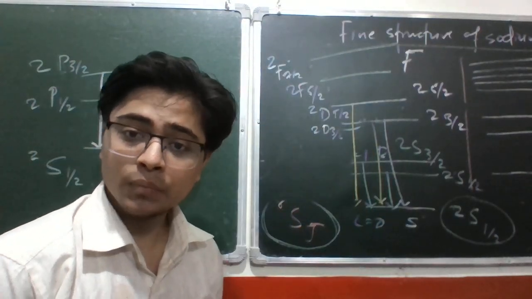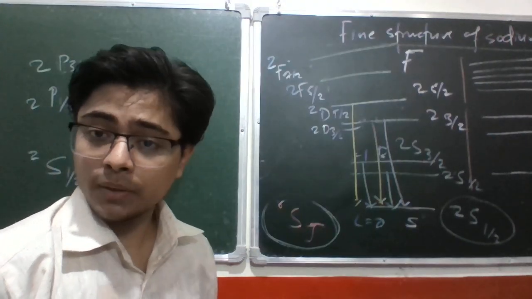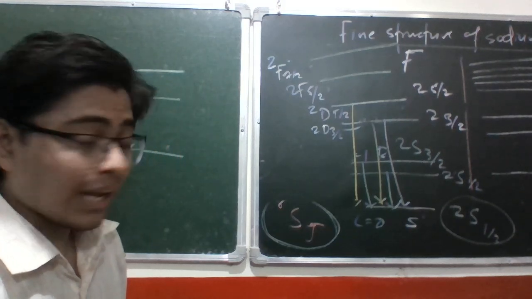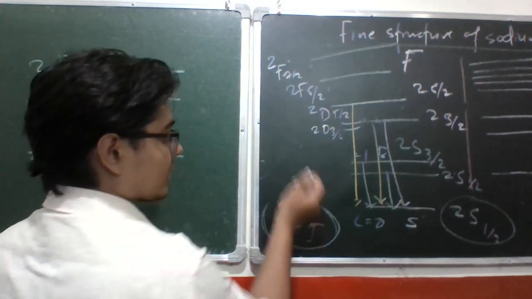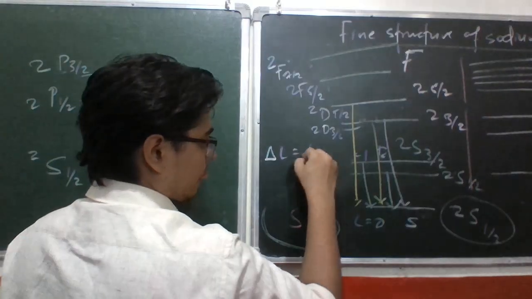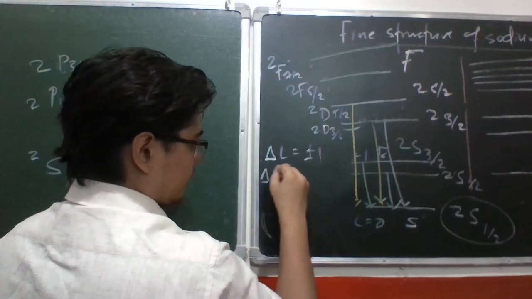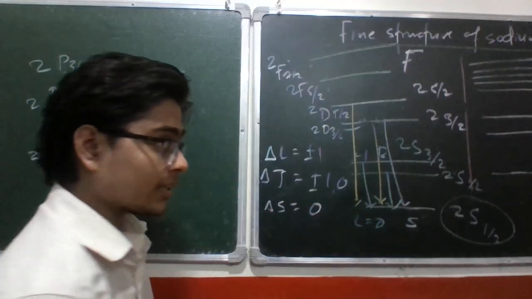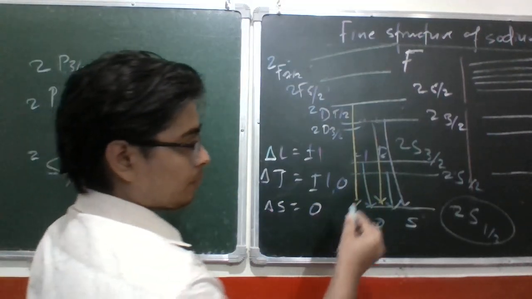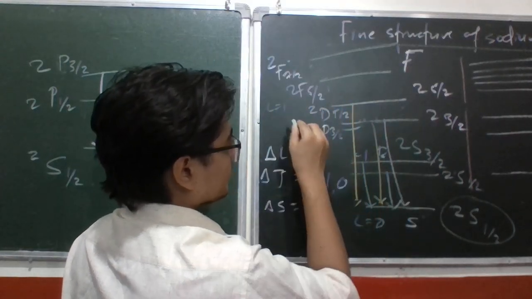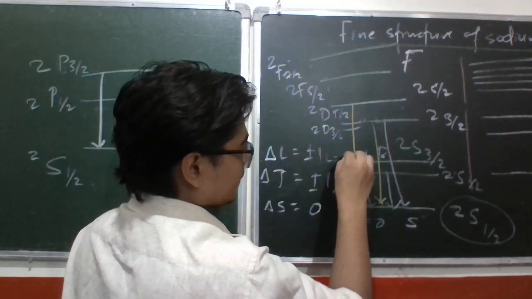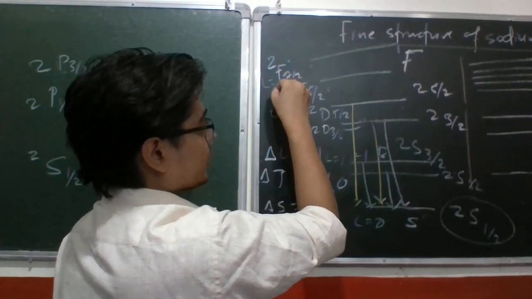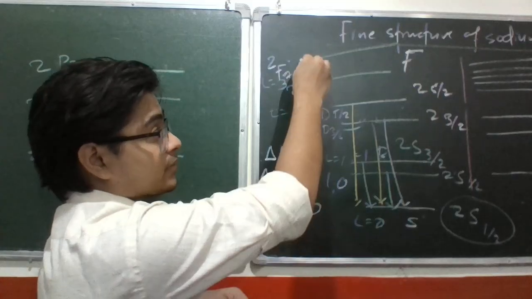Now all of these spectral lines won't be visible in the experiment. That's why we have the selection rules. Now we have the selection rule that, these are the selection rules. So if you see here, L equals 1 is P, L equals 2 is D, L equals 3 is F subshell.